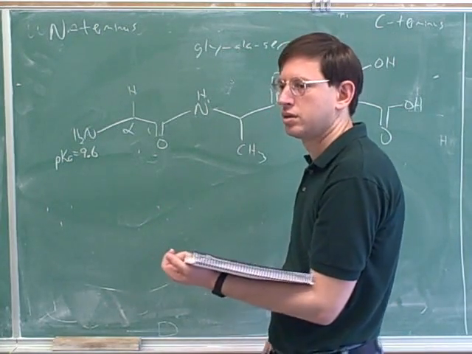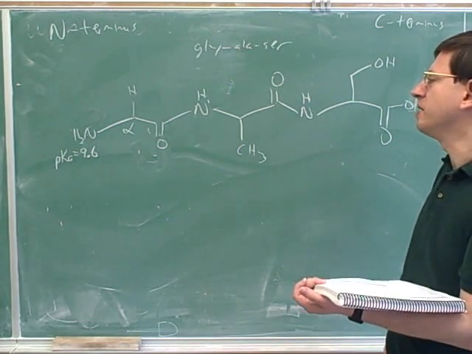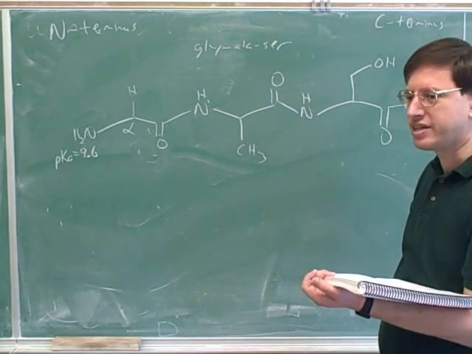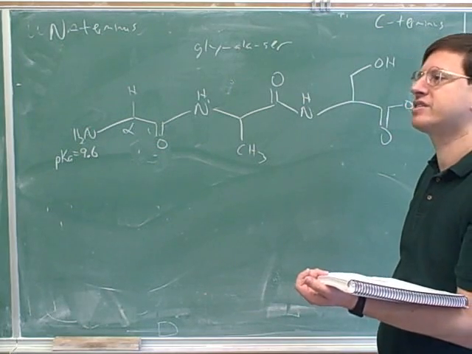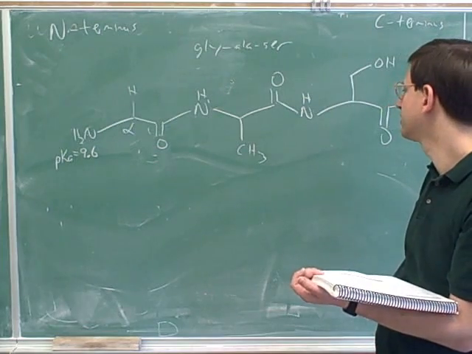So I have a question. If our side chain is neutral, then we don't have to worry about the pH affecting it? If it's neutral, you mean if it's neither acidic nor basic? Right. That's right. If the side chain is neither acidic nor basic, then we don't need to worry about pH affecting it. That's right.